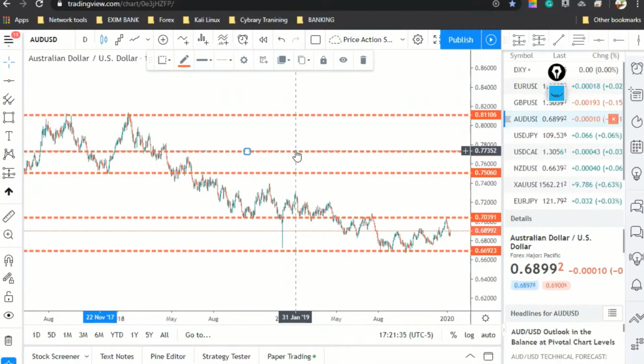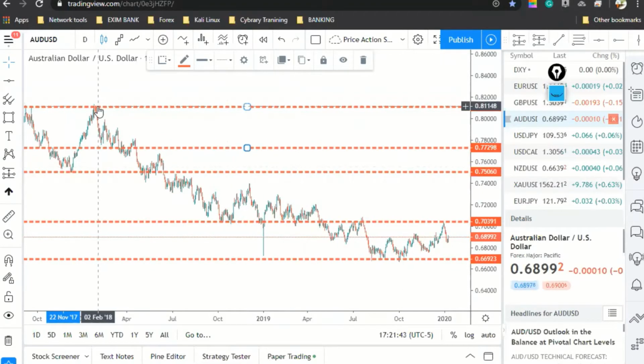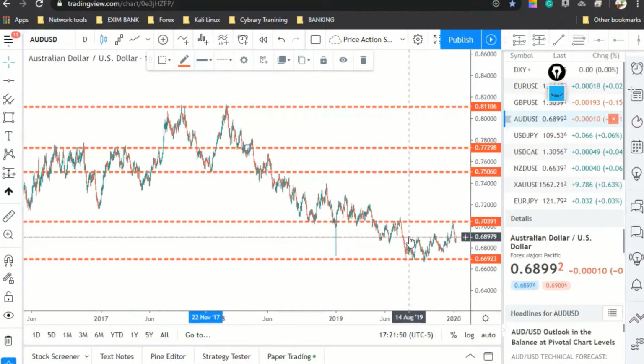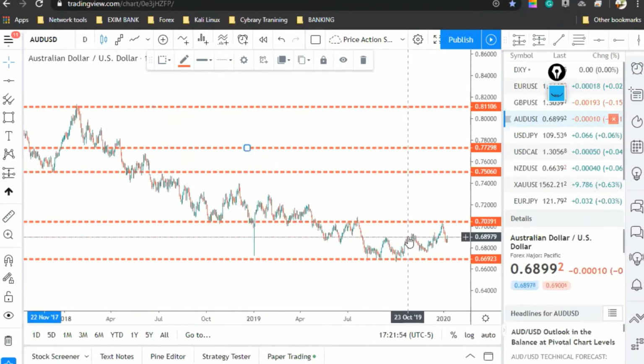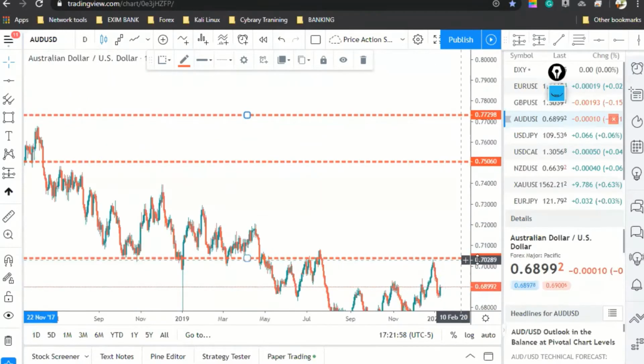All right, so lower highs and lower lows. And also you can see that it keeps breaking support, making it resistance, then going down again to support. It keeps breaking support, going down. Okay, excellent.